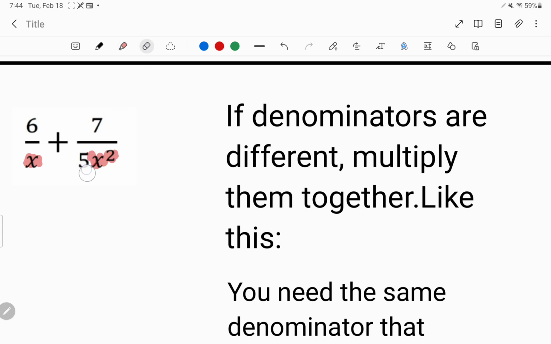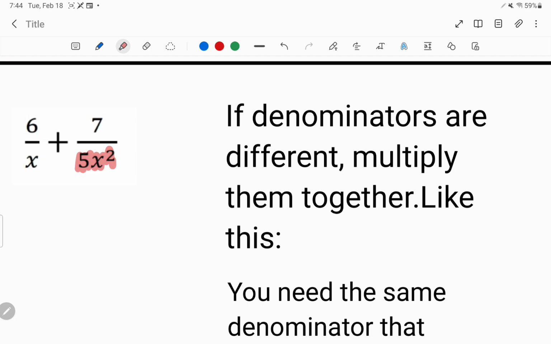So let's look at this a little closer. So we have x, right? Now, the other side also has an x, so let's focus on this side. I know that side has a 5 and x squared.